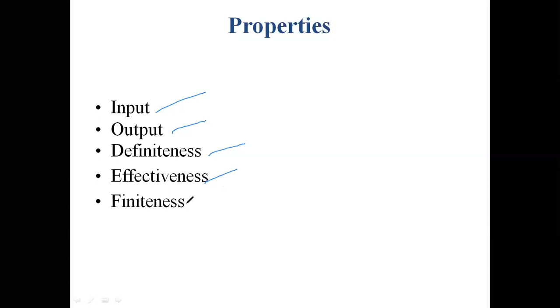Then we move to finiteness. Finiteness means it must terminate within a finite number of steps. So these are the properties of an algorithm. Input means a finite number of inputs. Output means at least one output, which is the solution to the given input.